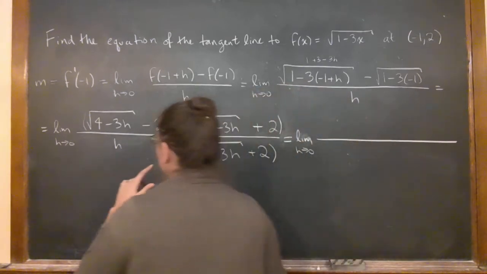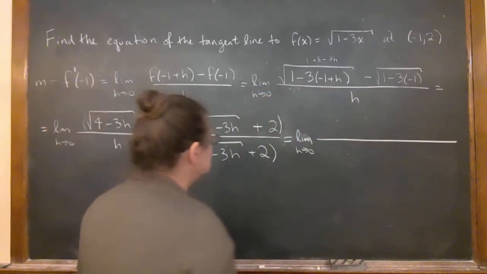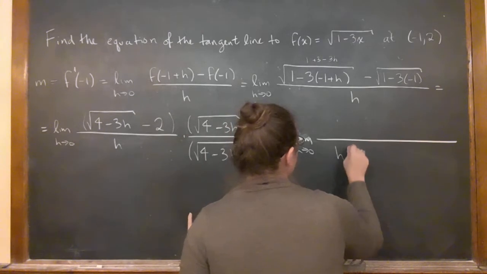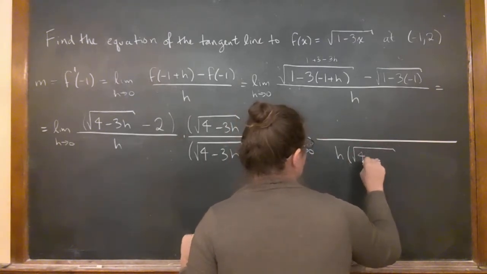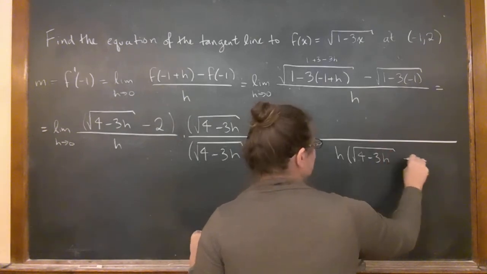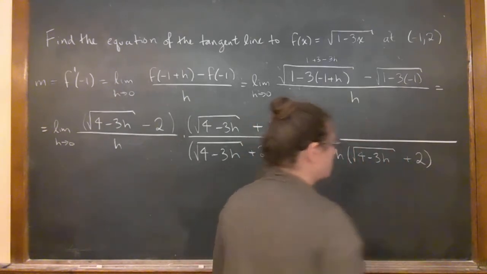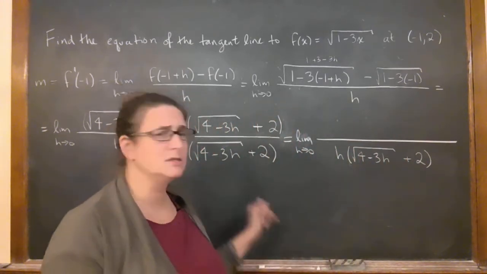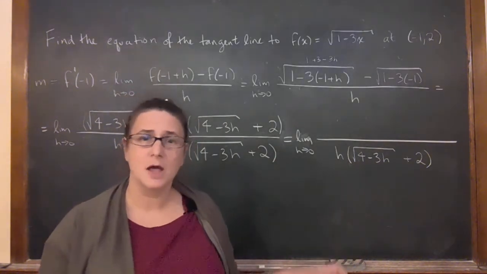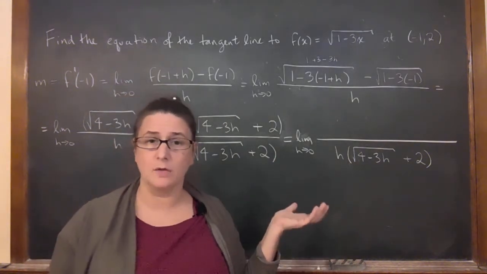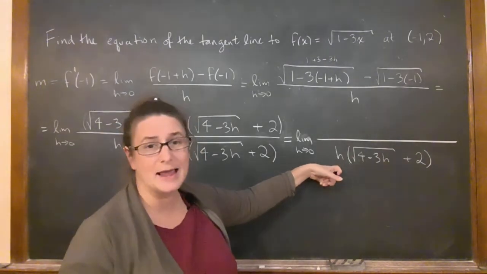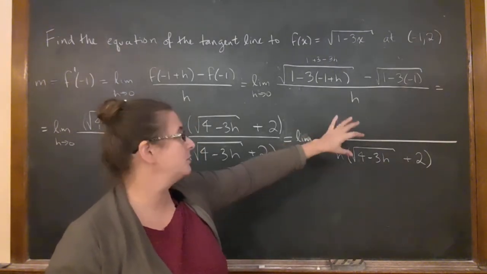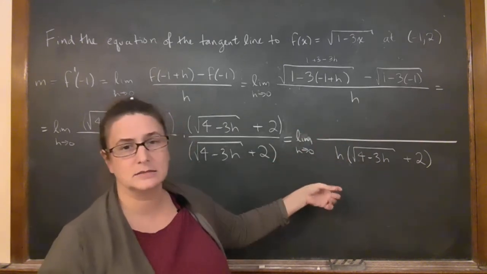When I have one of these, and as we go through and do more and more of them, you'll notice that I usually just leave the bottom alone. I don't spend my time multiplying stuff out on the bottom. I always have to multiply stuff out on the top because the goal is to get rid of this h. I'm trying to pull out some h so that I can cancel out the h's.